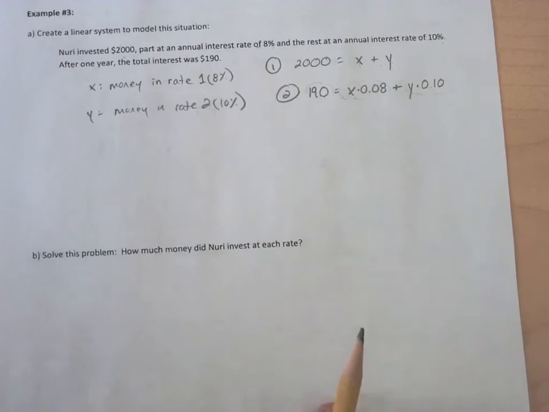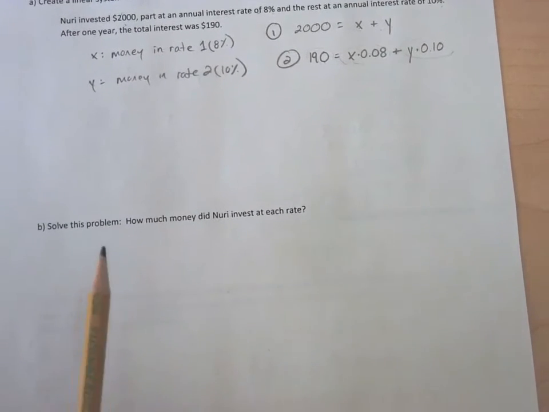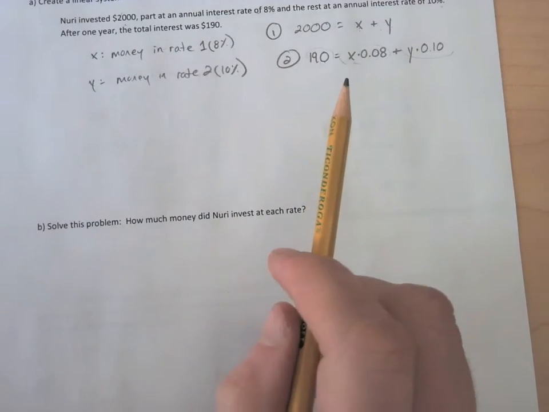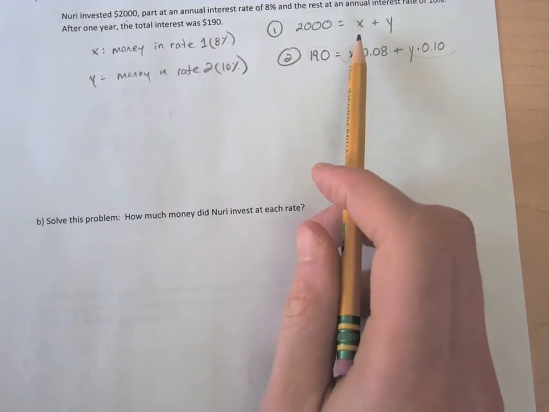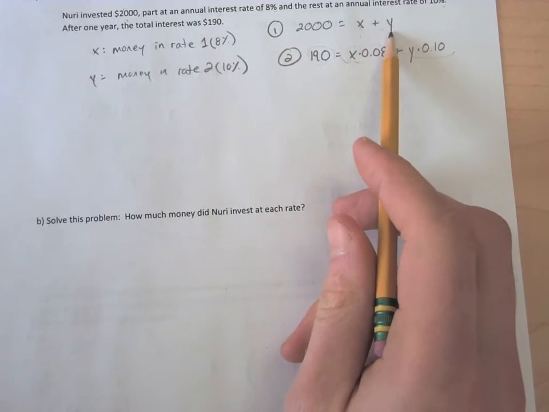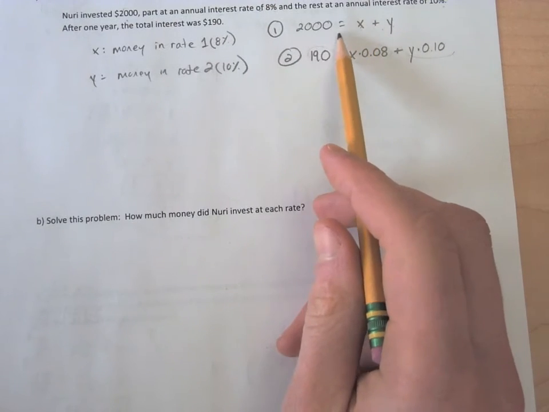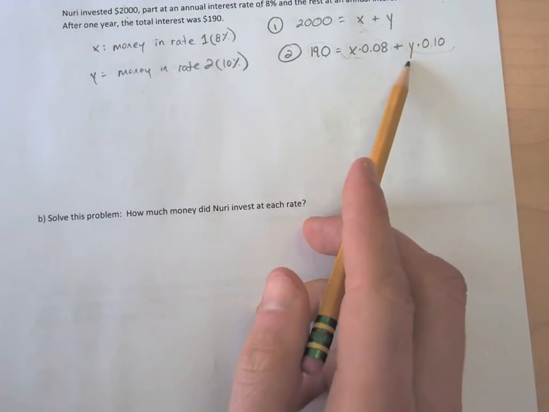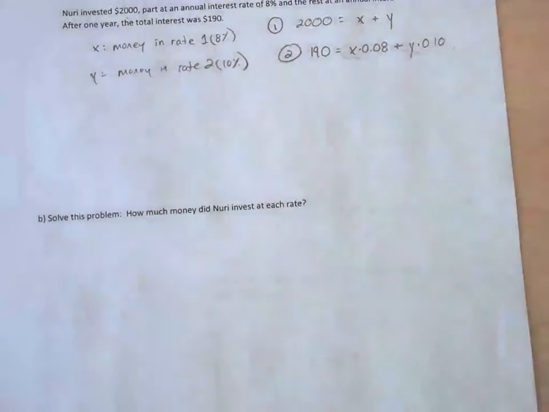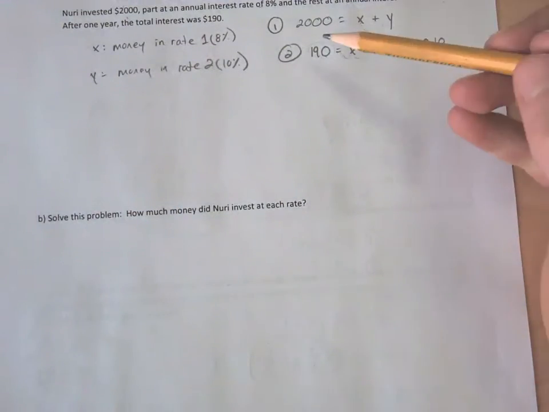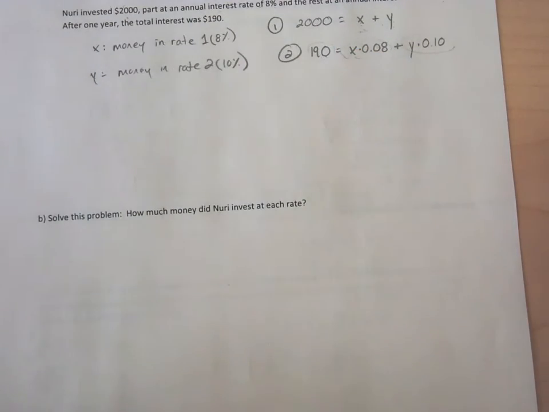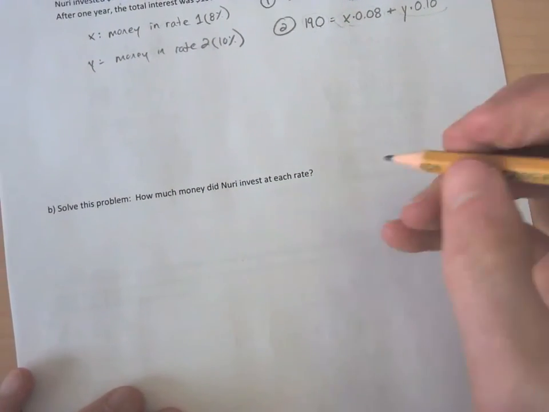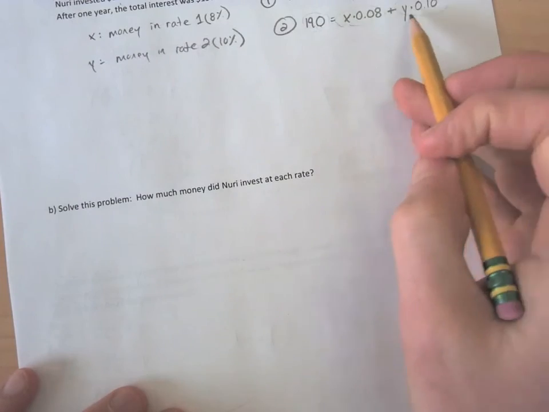Alright, so now that you have two equations, we can solve for how much money exactly Nuri put in rate 1 and rate 2. Because we could guess, we could say maybe he put $100 and $1,900 there, but if you plugged it into this equation, it would not work out. It would not equal $190 made. So let's solve this problem. Which one's the easiest equation to use?